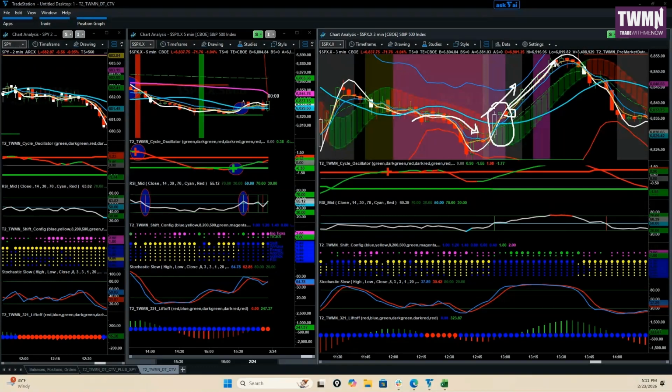So there's another move right there. And that could have been your entry right there when you got that pullback and you took out the red right there. That would have probably been, let's see, what would that have been at that level right there? That would have been probably the 40, 45s to the upside.